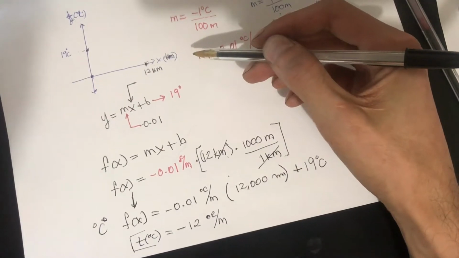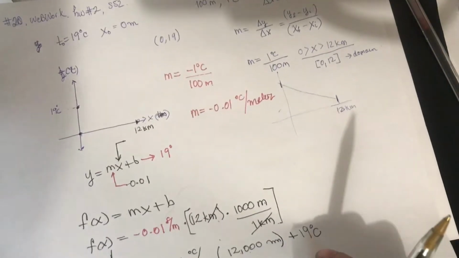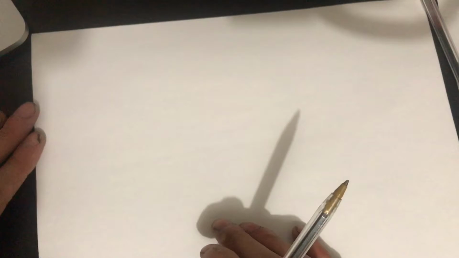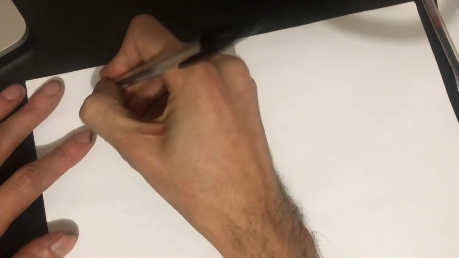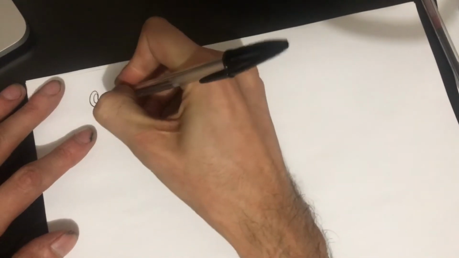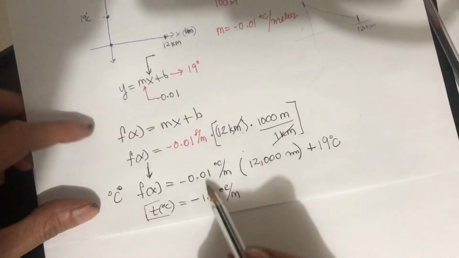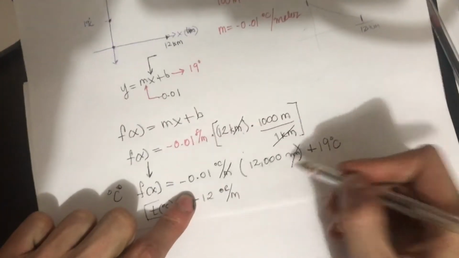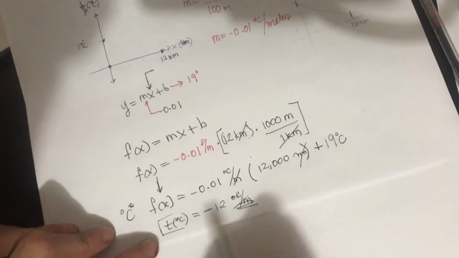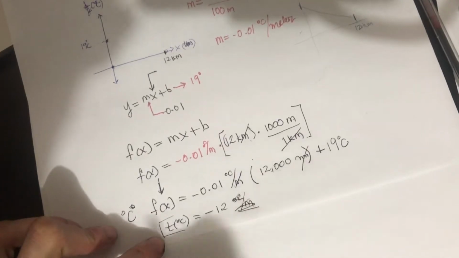Now, I'm just going to move forward to the next page. So at 12 kilometers, my temperature is, careful here, meters cancels out with meters, and the temperature has to be expressed in degrees Celsius.